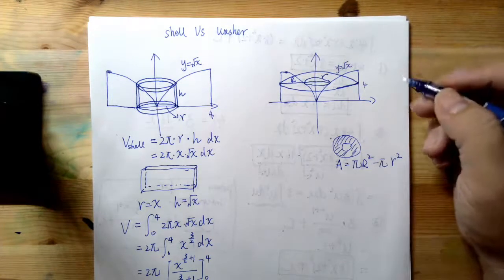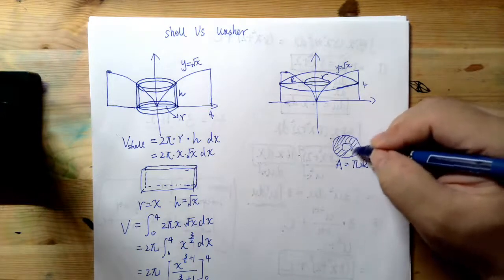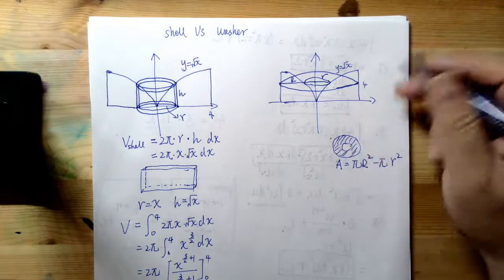Basically, the larger area of the circle minus the small area of the circle gives us the area of this washer.